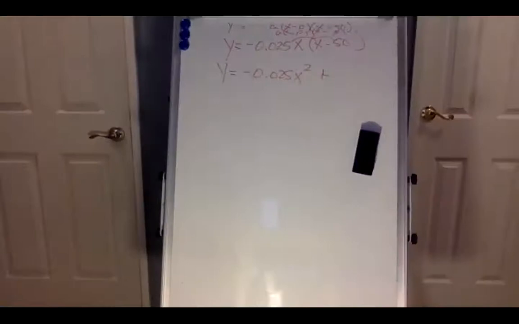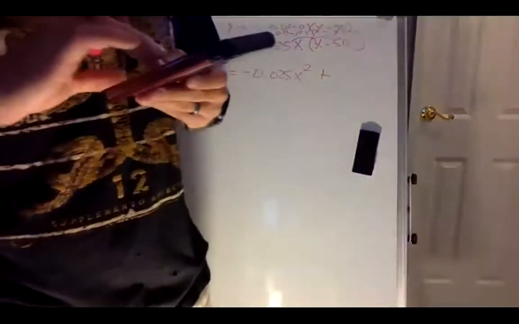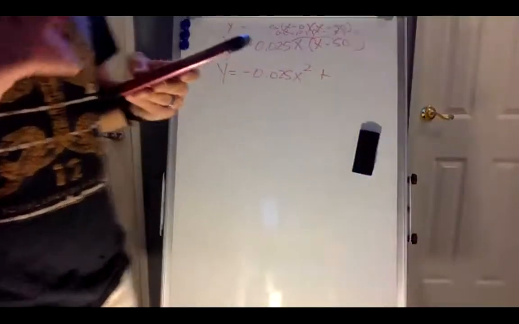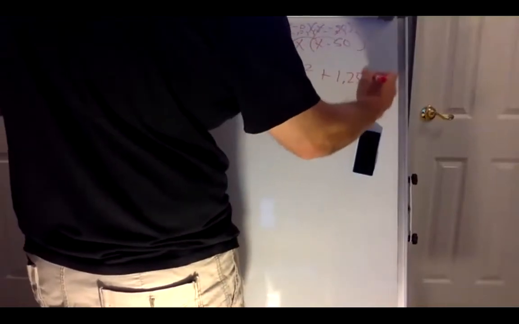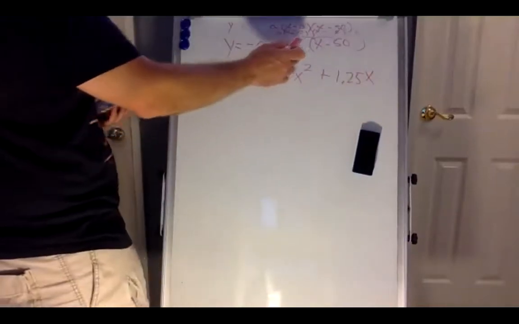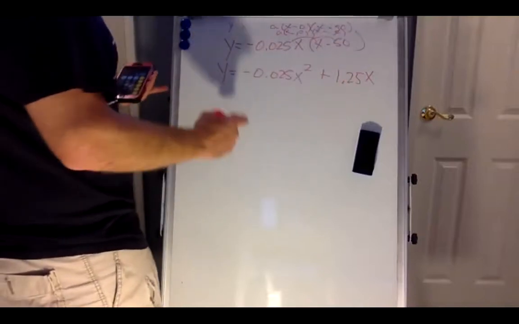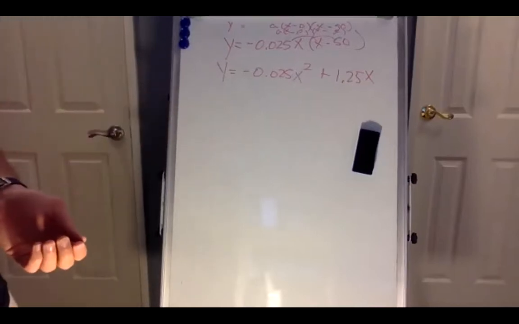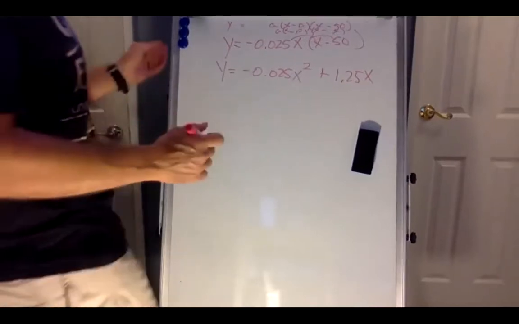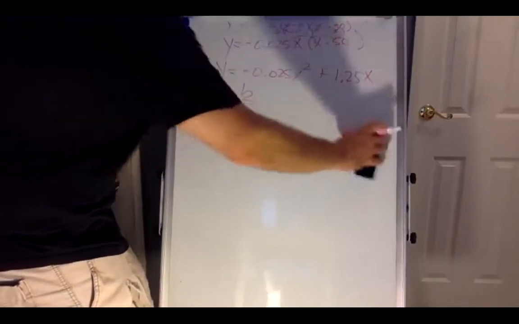I'll get my calculator. 0.025 times 50 is 1.25x. So when you distribute this, you get this. Okay? So if I want to know the x coordinate of the vertex, which is where the maximum height of the ball is going to be, then that's at x is equal to negative b over 2a.